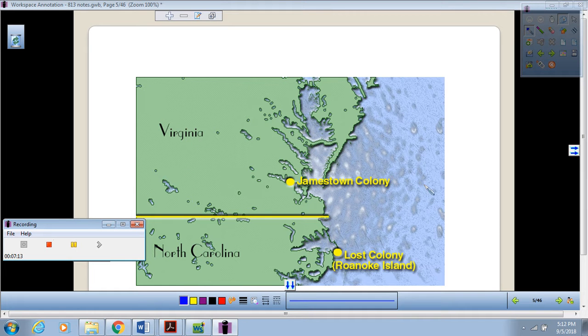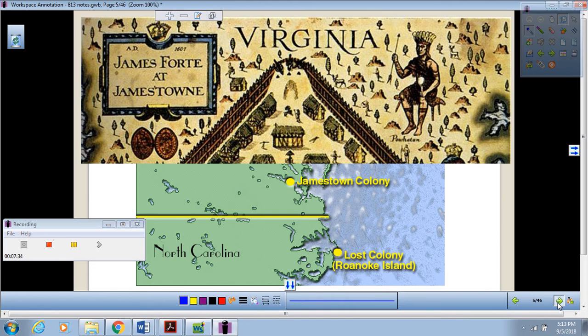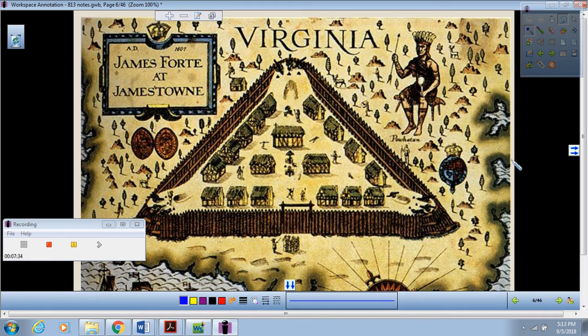Here's a map of where the Jamestown colony is. We do not talk much about the lost colony of Roanoke Island, which was a past attempt before Jamestown to establish a colony, and all the settlers were never heard from again. Here's the fort at Jamestown, which shows how the fort was shaped.